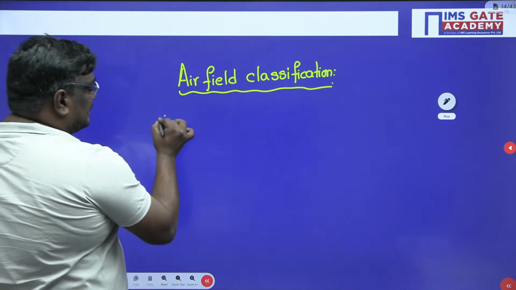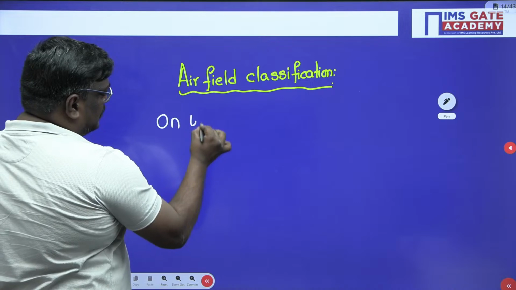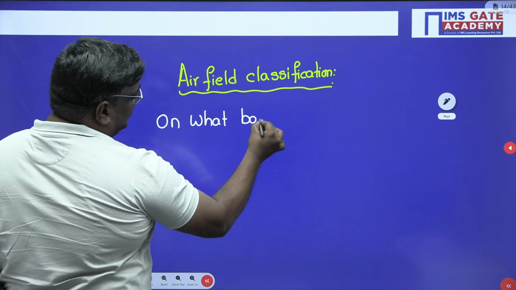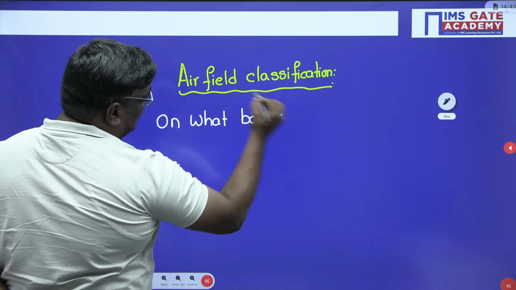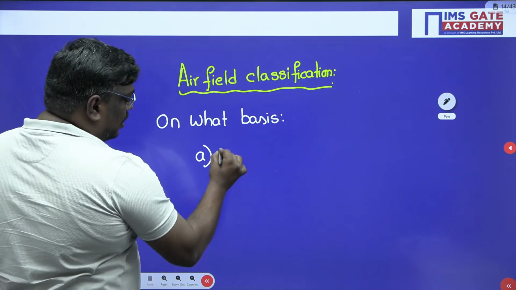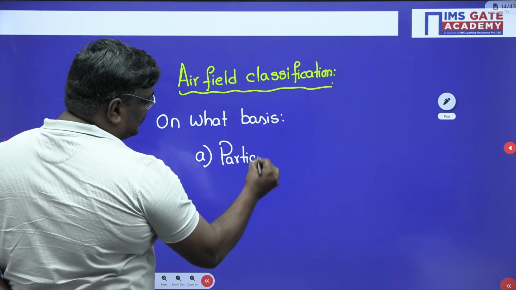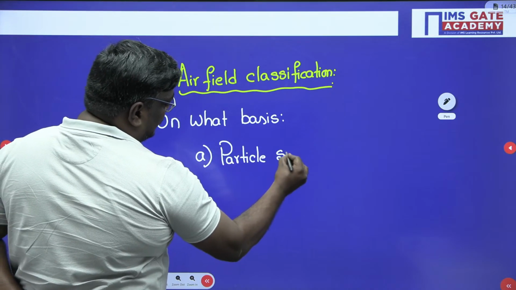On what basis have they classified the soil here? First one is on the basis of particle size distribution.